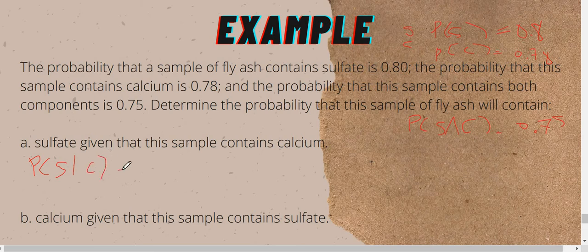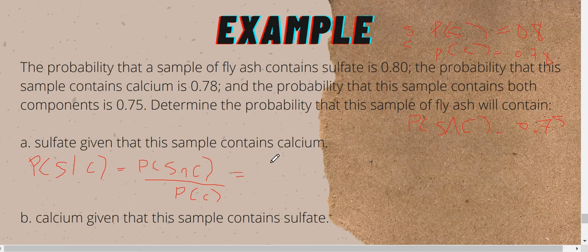So this equation will be equal to P(S intersect C) divided by the probability of C. All this information you already have here.